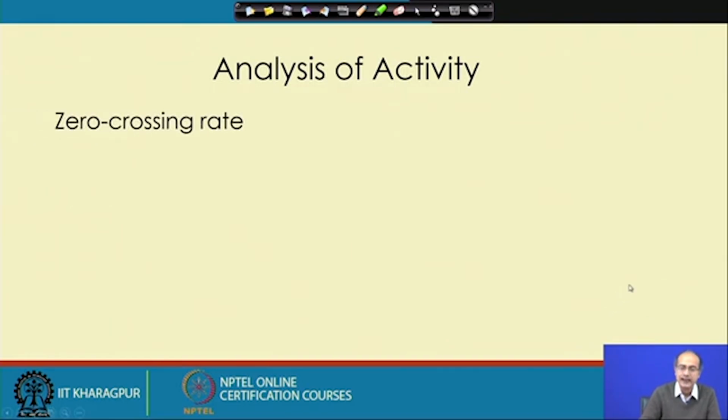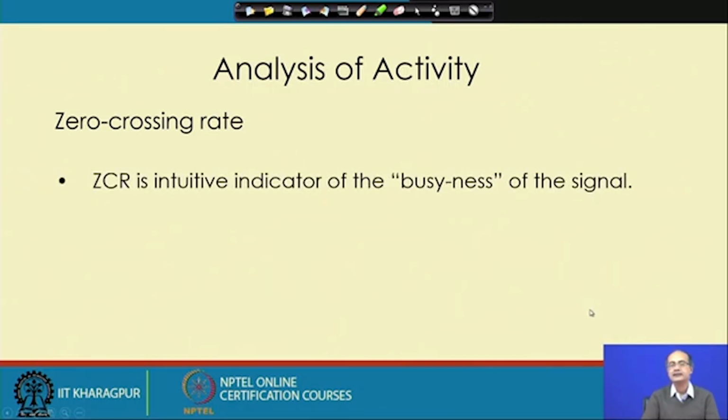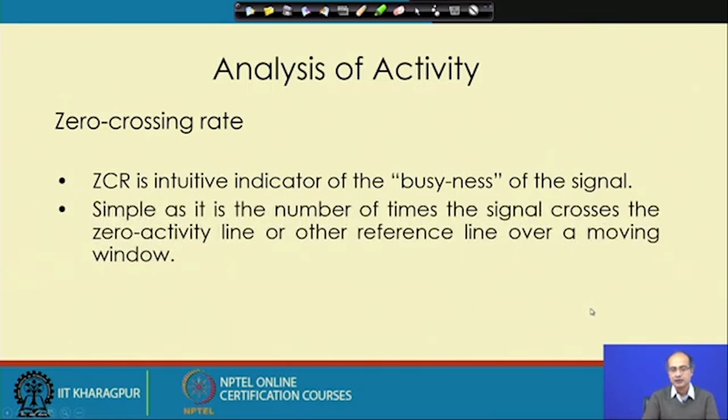Next we get another measure of activity, called the zero crossing. In this case, what we assume is that the signal is becoming more active, meaning it has more transitions through 0. It has changes in frequency quite often, or a high frequency signal is coming, so it is becoming more active; that is the notion.